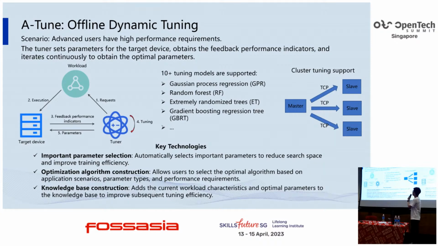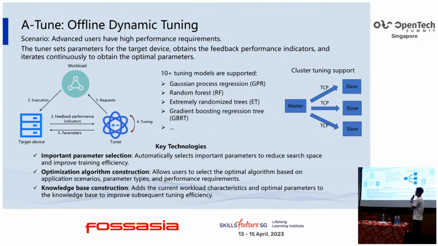Therefore, the offline dynamic tuning also includes three key technologies. The first one is the important parameter selection. It can automatically select important parameters to reduce search space and improve training efficiency. The second one is optimization algorithm construction.